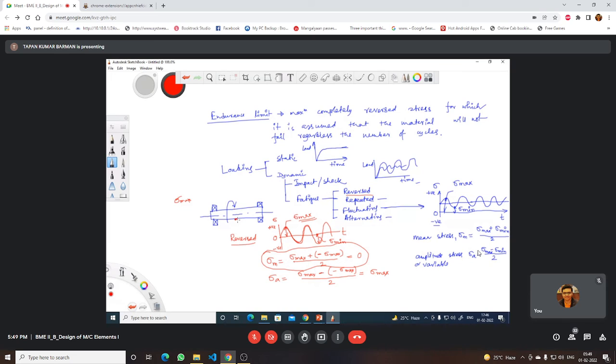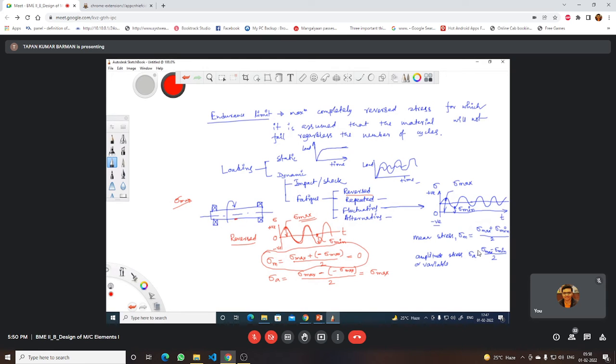So for this type of problem, when there is simple pure bending, there is no other type of loadings, then only you may expect that the component will experience reverse loading. Reverse stress may be reverse tensile stress, reverse compressive stress, reverse shear stress, reverse bending stress.